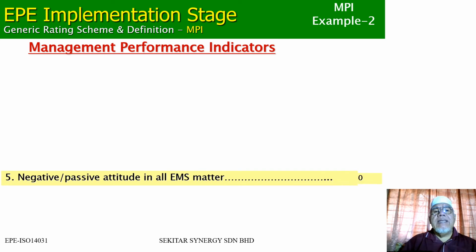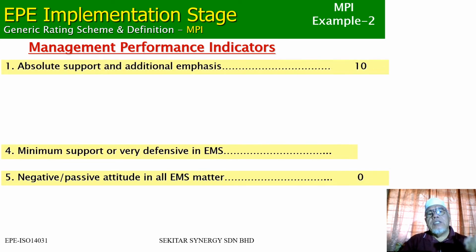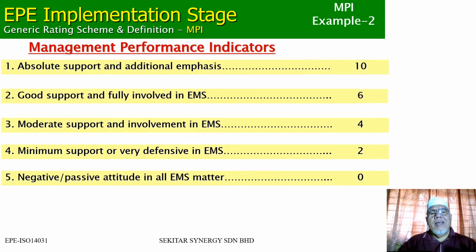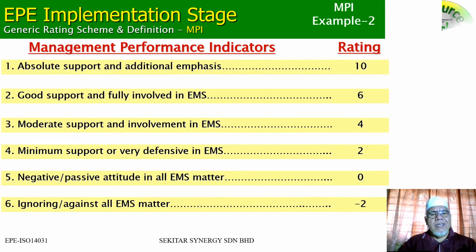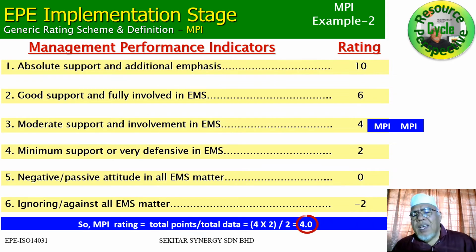So as far as management performance indicators is concerned, I have listed a very simple criteria, a scoring technique for management performance. And number 1 is absolutely the best, and number 6, ignoring, against all EMS methods, negative. If you come across any management which is ignoring environmental work, environmental commitment, I give them negative.